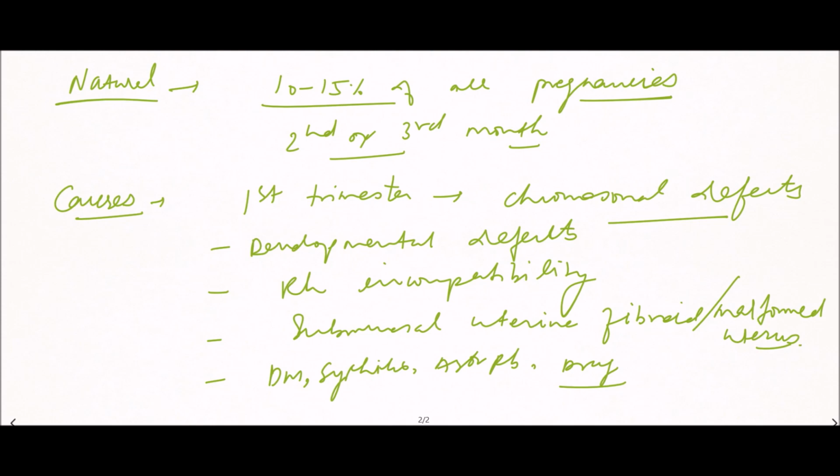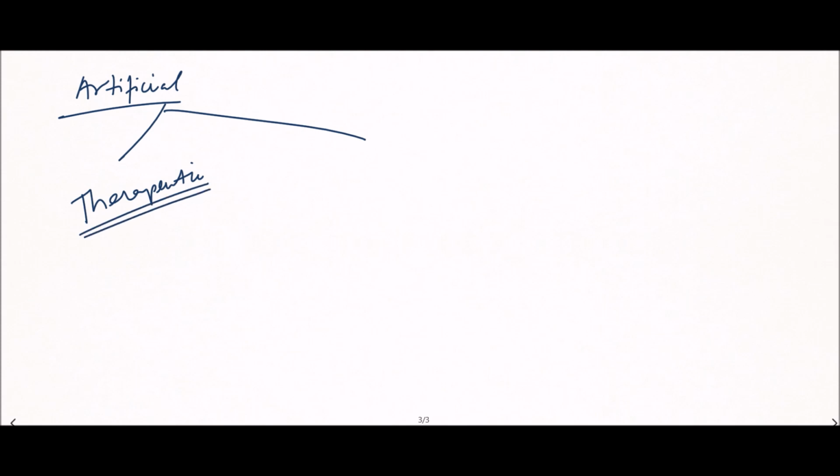Now the artificial abortion. So artificial abortion is further divided into two parts, that is therapeutic or legal, and second is criminal abortion.